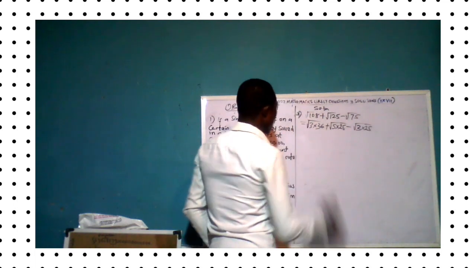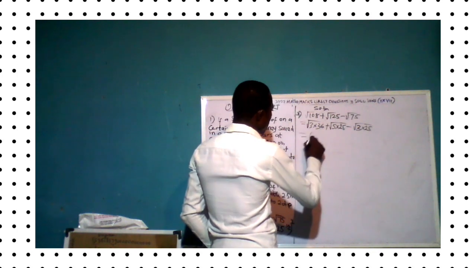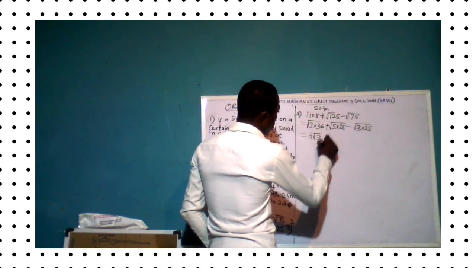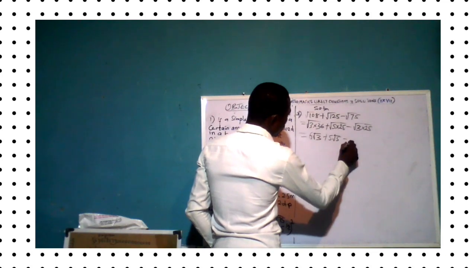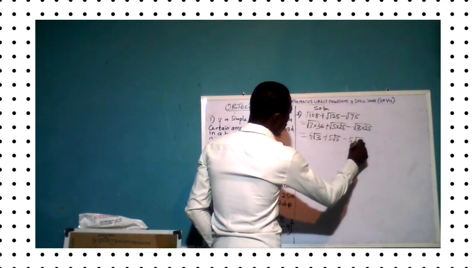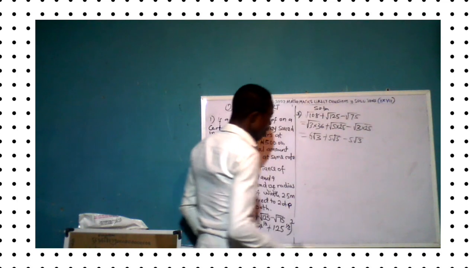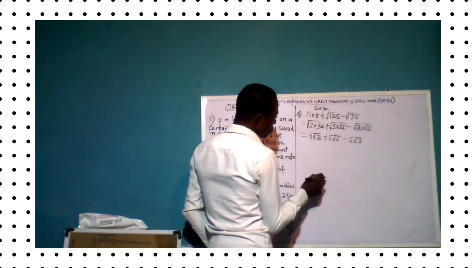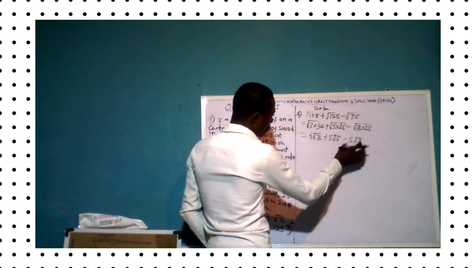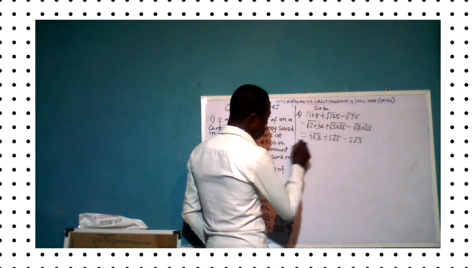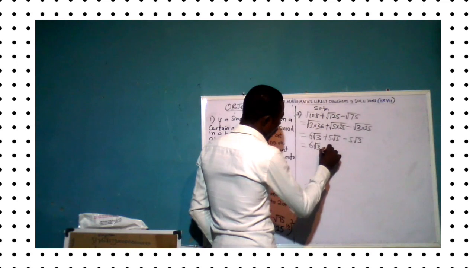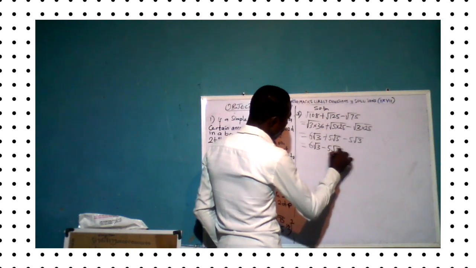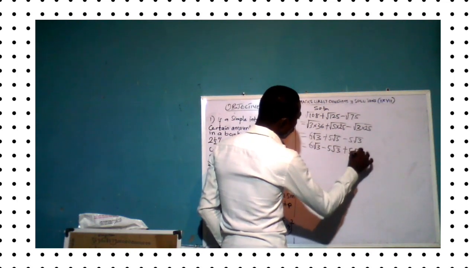Okay, and straight away you have 6 root 3 plus 5 root 5, minus 5 root 3. Okay, if you bring together the common irrational numbers, you have 6 root 3 minus 5 root 3 plus 5 root 5.